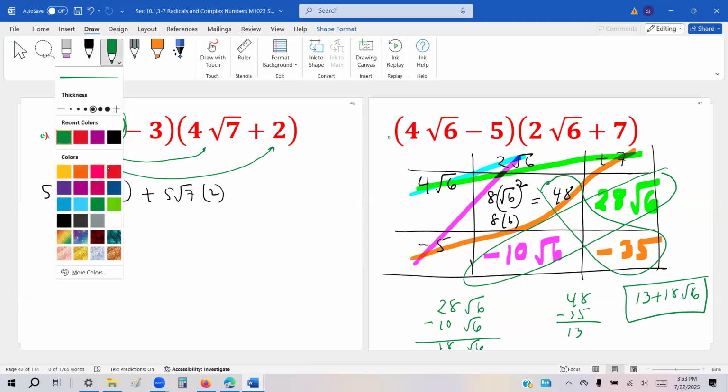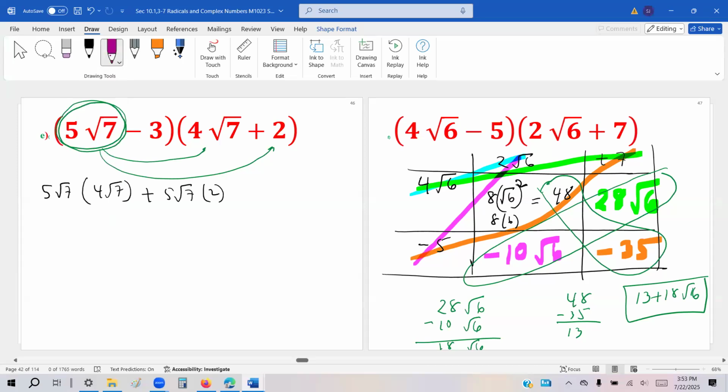Then you go the other way around. We take green. Now I took green. Let me take purple. You take the next number, negative 3, and this. So negative 3 times 4 root 7 and negative 3 times 2.